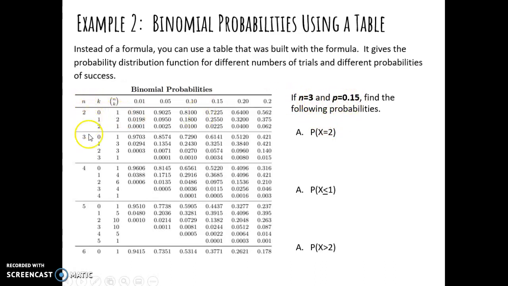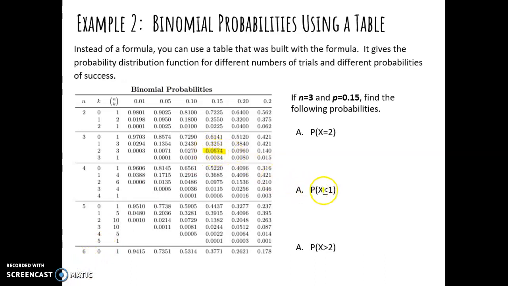So you'd go under n and you'd find the number of trials, which is 3. Then you go over to k. K is our x. In this case it's 2. And then you follow along to the right until you get to the probability of a success, which was 0.15. And the probability would be 0.0574.